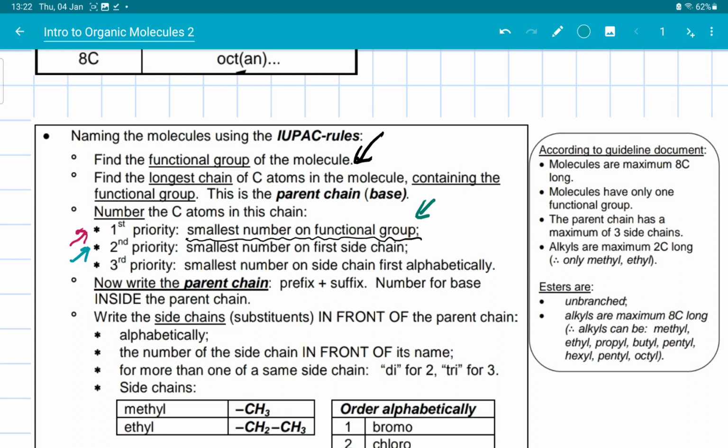So they must have the smallest number on the first side chain, the same rule applies, and then the smallest number on the side chain, first alphabetically.